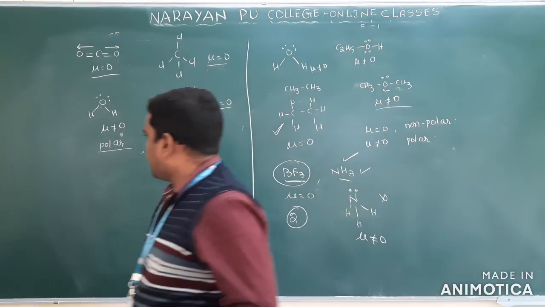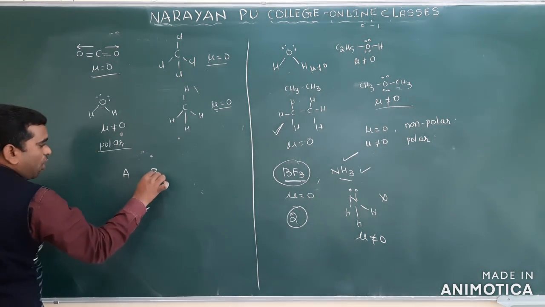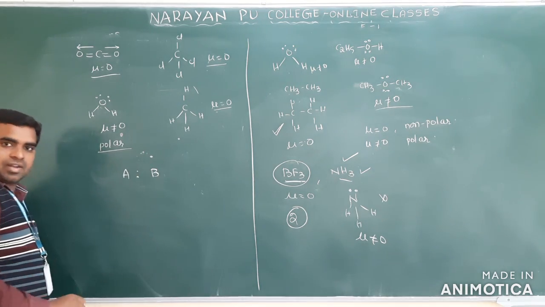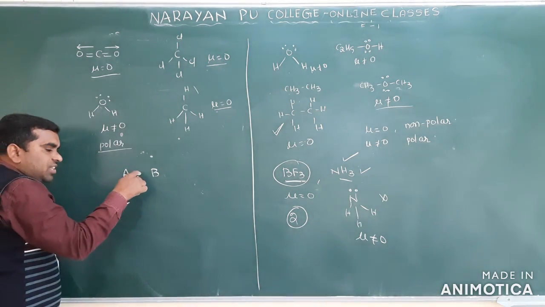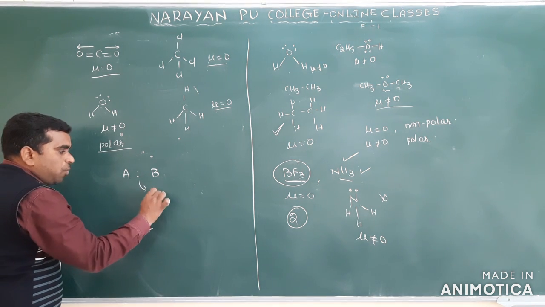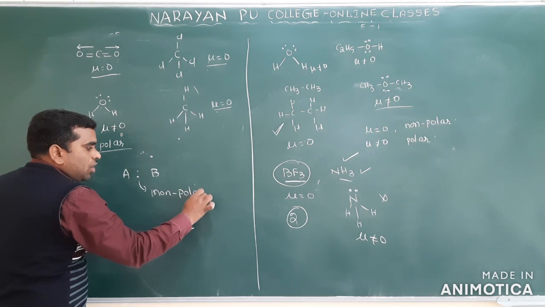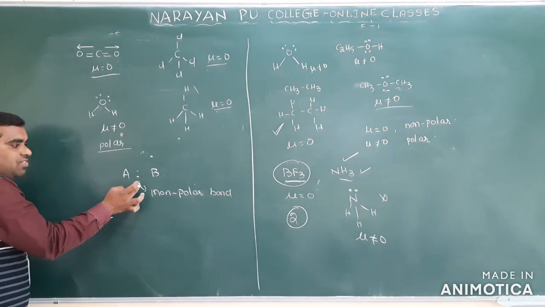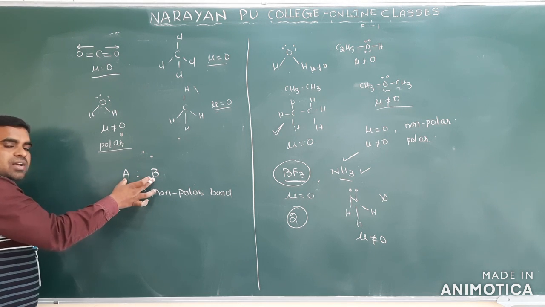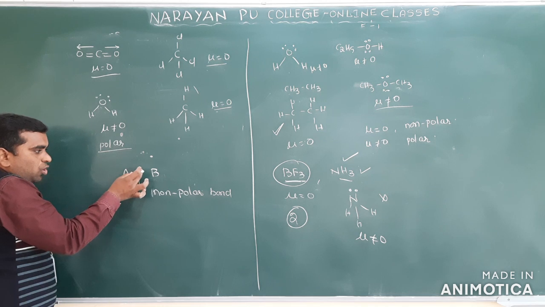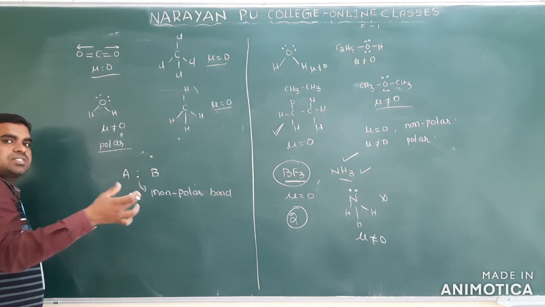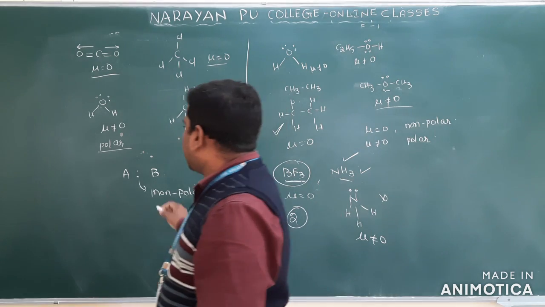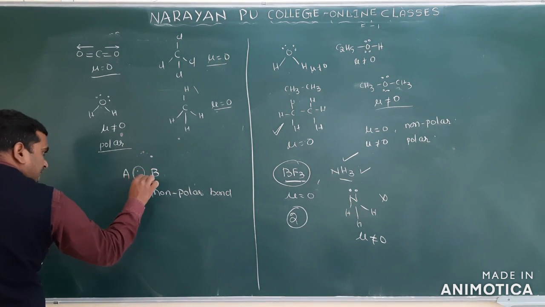Next one, 43. If the electron pair forming a bond between two atoms A and B is not in the center, then the bond is formed by these two electrons but the pair is not in between the center. I already said if they are in the center, it is a non-polar covalent bond, because both A and B atoms are the same and have the same electronegativity, so the electron pair is present exactly in the center.